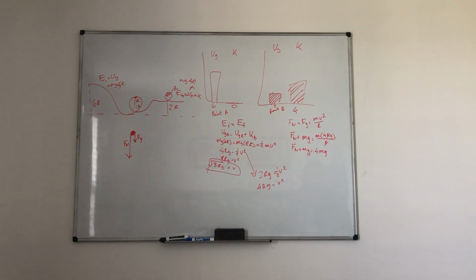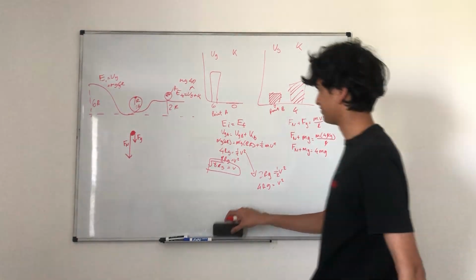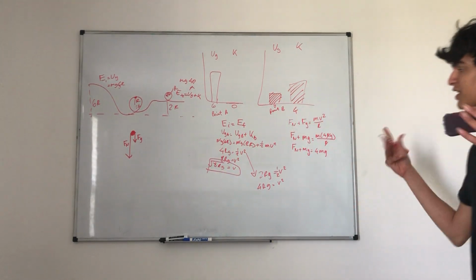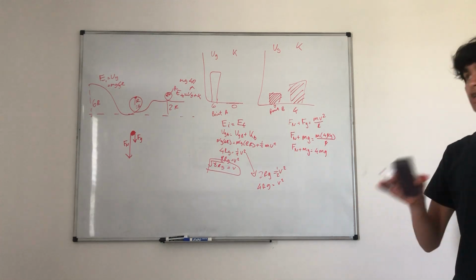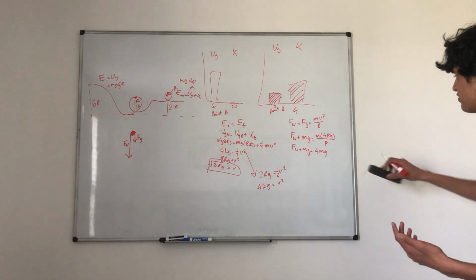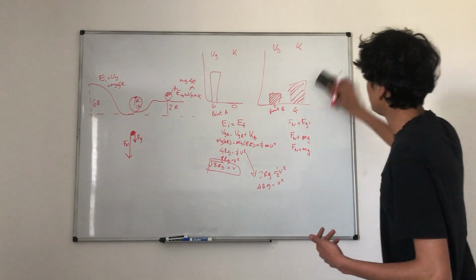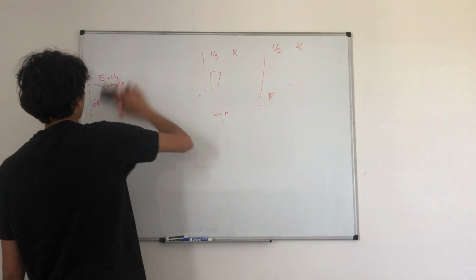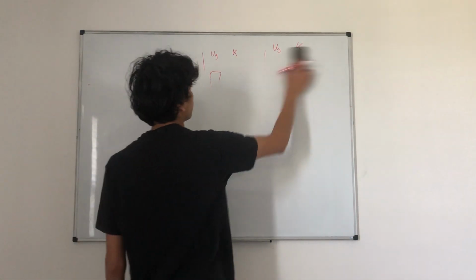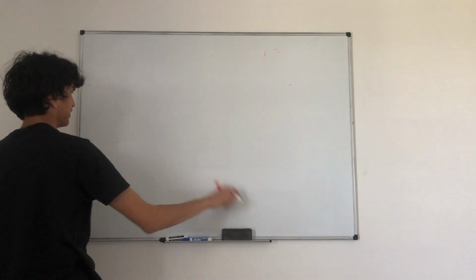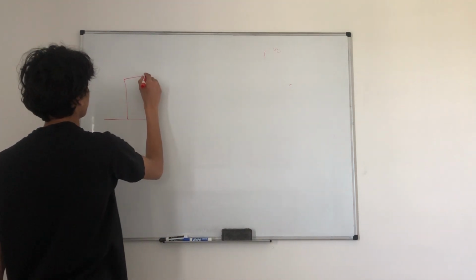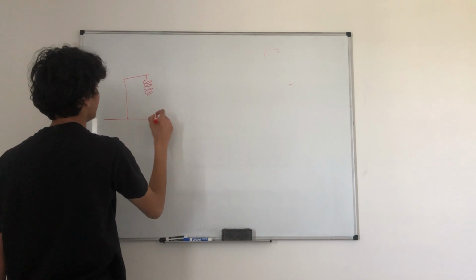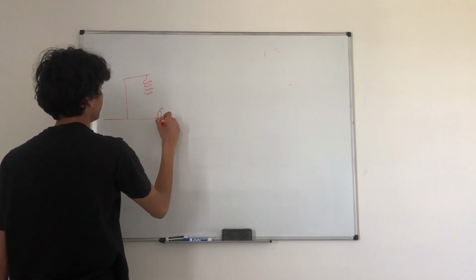If you have Mr. Fitz as your teacher, you're probably really happy with this experimental design because we did this in class. This was one of the experiments we did, so hopefully you remember the procedure. Basically, the question was asking that we have this spring system, a vertical spring, and we want to figure out the spring constant given a bunch of masses or cylinders.